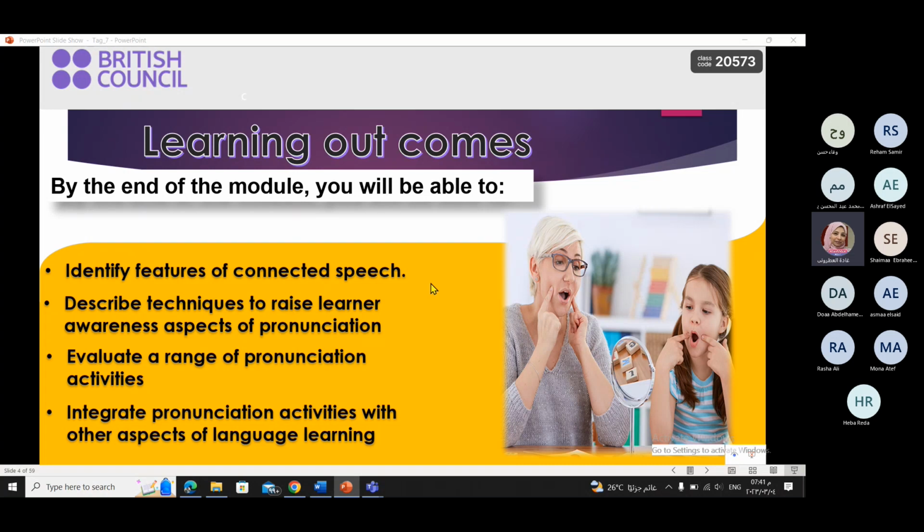I said: identify features of connected speech, describe techniques to raise learners' awareness about the aspects of pronunciation, evaluate a range of pronunciation activities, and integrate pronunciation activities with other aspects of language learning. So how did I read these points?